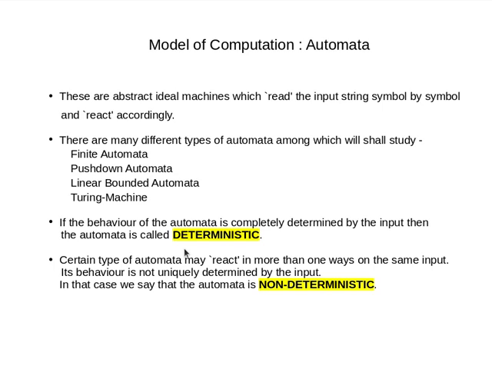You give some input and it does exactly the same thing every time. In our mathematical model, deliberately we will also consider another model which does not do that. Our usual notion of machine is that it is deterministic. The behavior of the automaton is completely determined by the input.